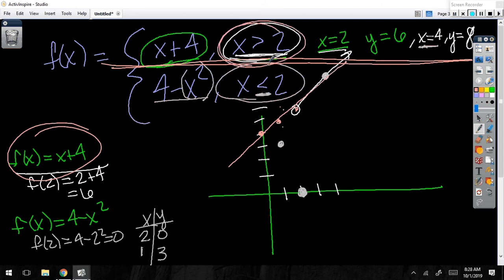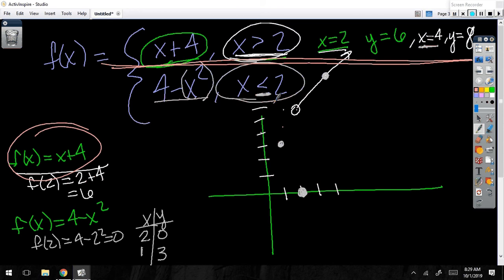But then it says, wait, you can't have any x unless it's bigger than 2. So, really, you're just erasing this part of the line. Because this is where x is 2. Okay? To save from all that trouble, what I did was I just said, well, I'll just start at 2, and I'll go up from there. So I don't have to erase anything.